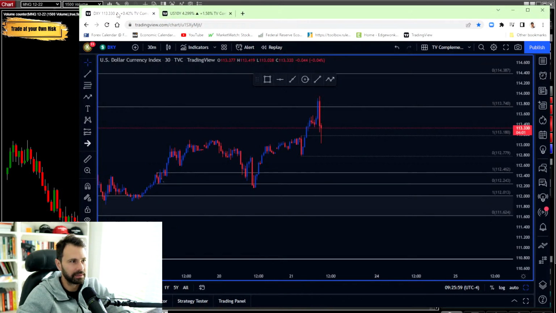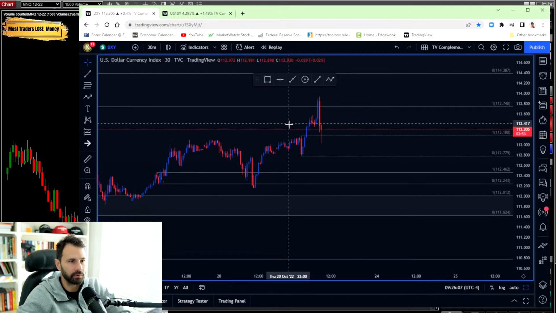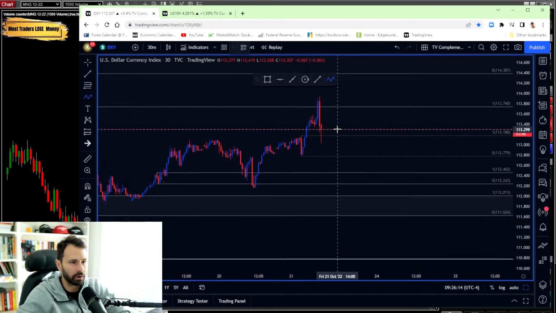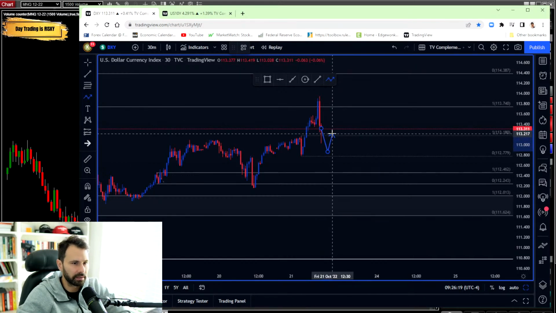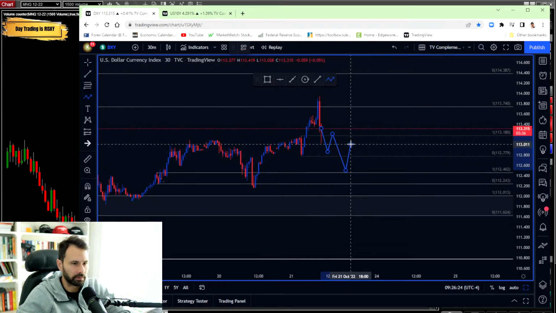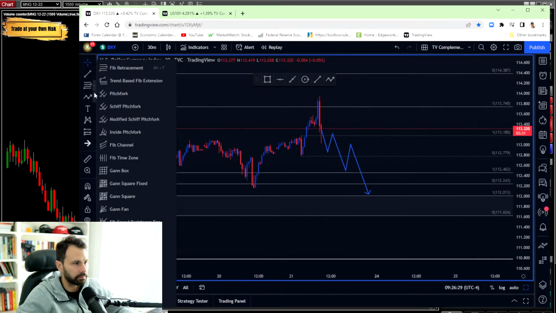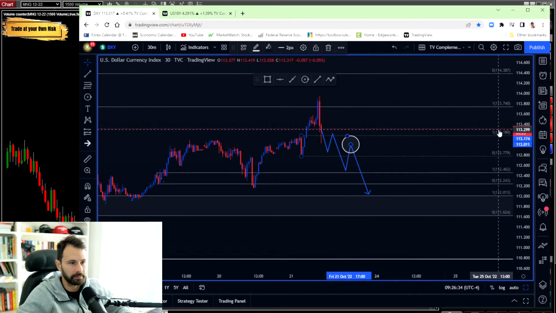DXY up and bond yields up, market down. If something changes, then I will readjust and we'll try to take a long on the equity markets. Remember, the long scenario right here is this one. Come here, rejects a little bit, no follow through, break the zone. This is the long right here. This is the long. Okay.